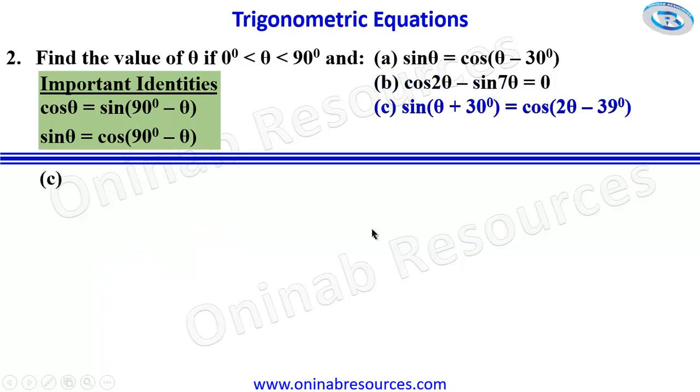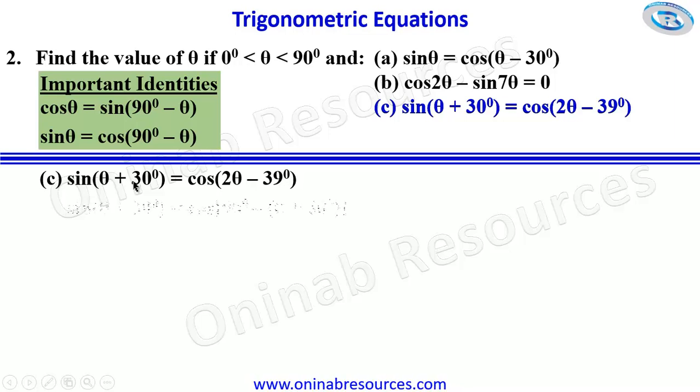We then go to 2C. For 2C, we have sine theta plus 30 degrees is equal to cos 2 theta minus 39 degrees. We make use of the second identity here. Since this is sine, theta plus 30 degrees, which means 30 degrees is added to theta, we're going to do the same thing. 30 degrees will be added to this theta before the subtraction.